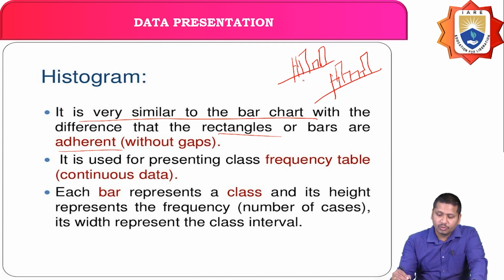That is the difference between the bar chart and the histogram. It is also useful for presenting the class frequency table, and each bar represents a class, its height represents the frequency, and its width represents the class interval.